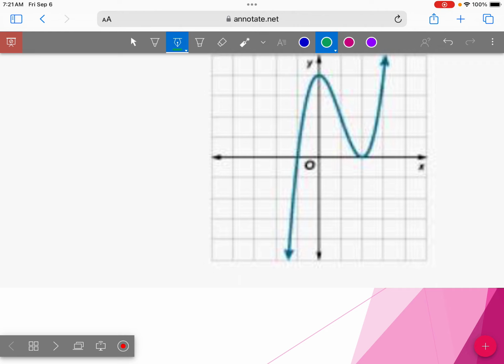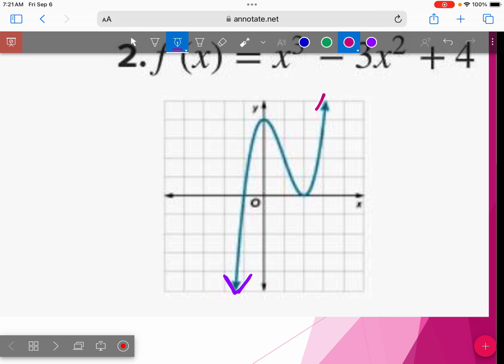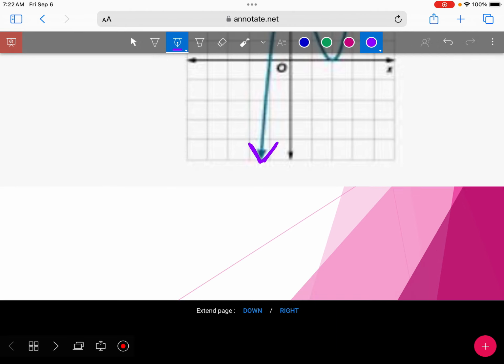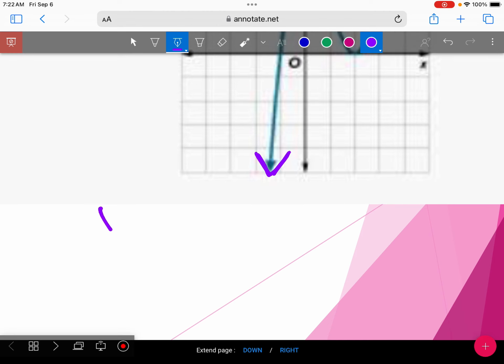So for my right-hand graph, now I've got a left arrow and a right arrow. And they're very similar. In fact, my right arrows are identical. Both right arrows point up. So my left arrow is a little bit different. As x approaches negative infinity, what happens to my y?